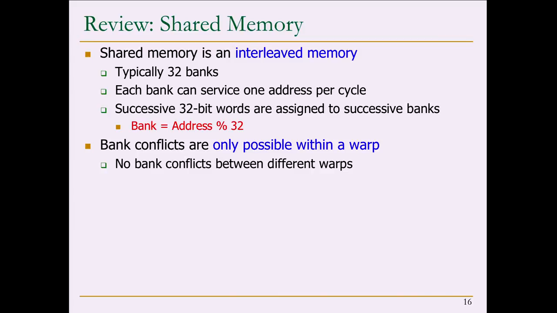So it's a banked memory. We have to keep in mind how we access the memory, because if 2 threads belonging to the same warp access the same bank, especially if they access different locations in the same bank, we will have a bank conflict, and this will serialize the access, okay?